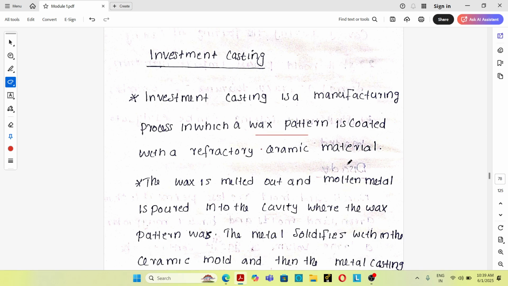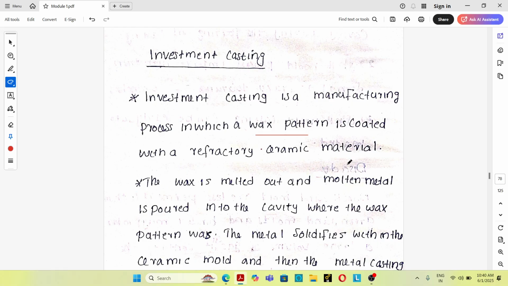Once the refractory ceramic material gets hardened, the wax is melted and removed from the mold, leaving a cavity. Into that cavity, molten material is poured. Once the molten material is solidified, the entire mold is broken and the product is taken outside.